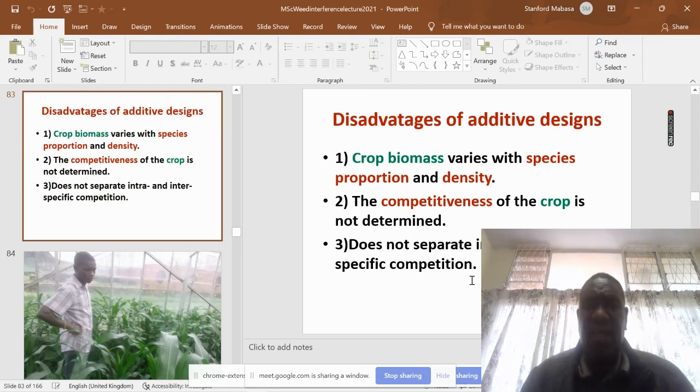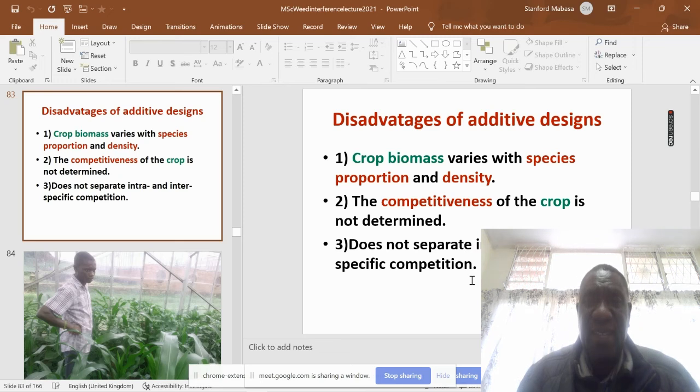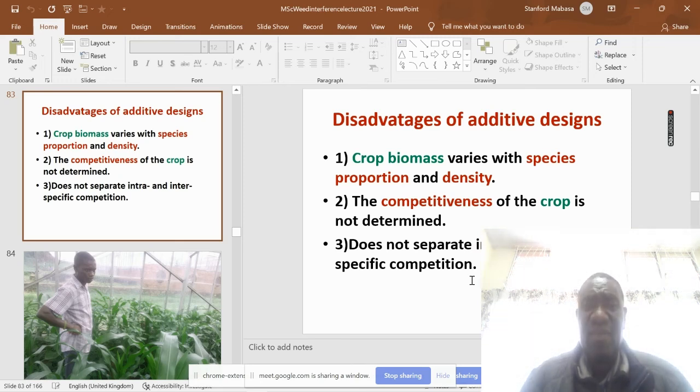What are the disadvantages of additive designs? One of the disadvantages is that crop biomass may vary with the species proportion and density.